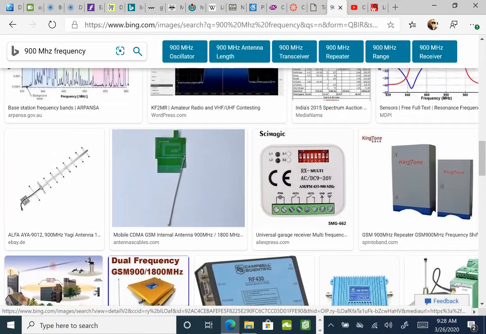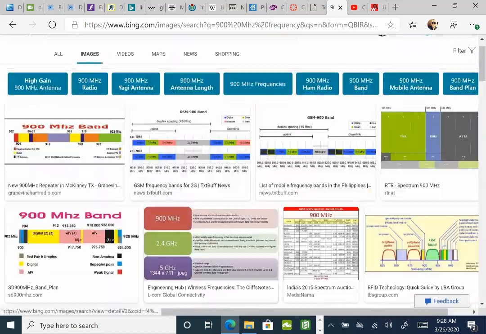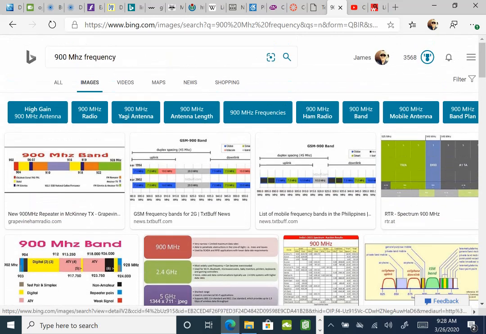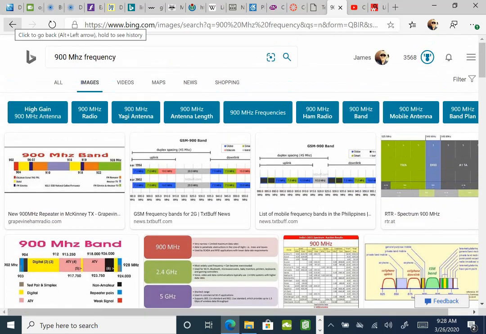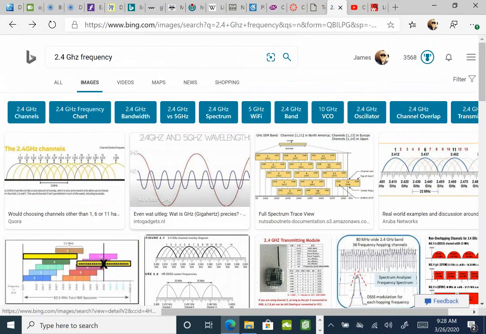Usually I would draw this on the board, because the 900 megahertz frequency waveform is much, much bigger. Probably, I'd have to guess, about 6 times bigger than the 2.4. And the larger a frequency is, the more it can go through objects.